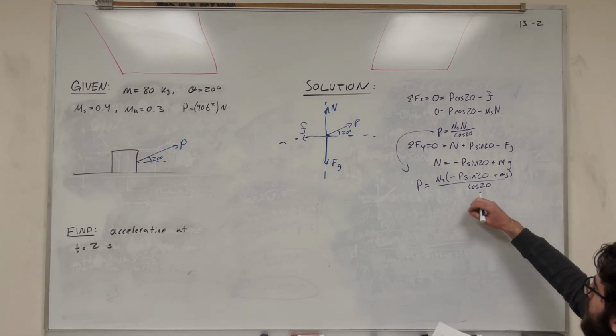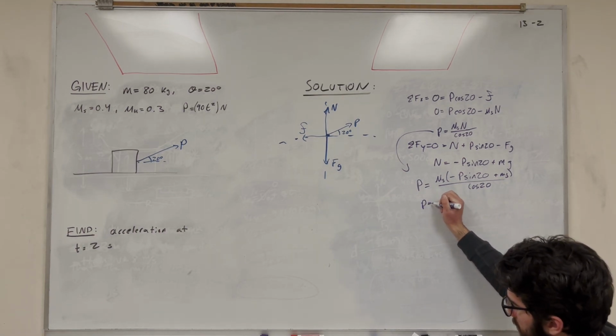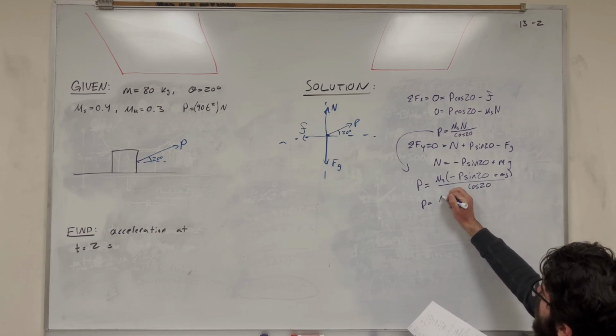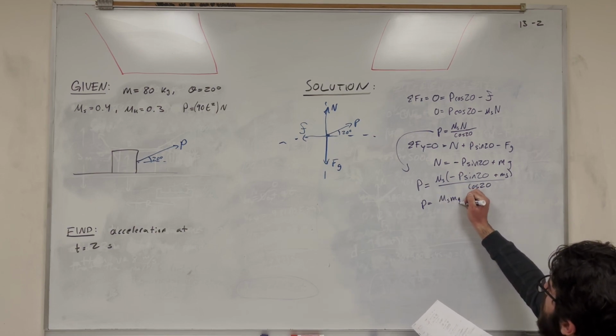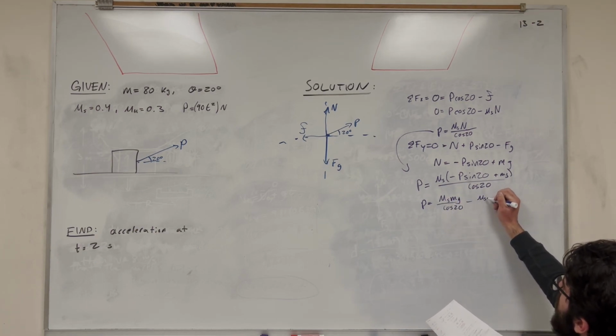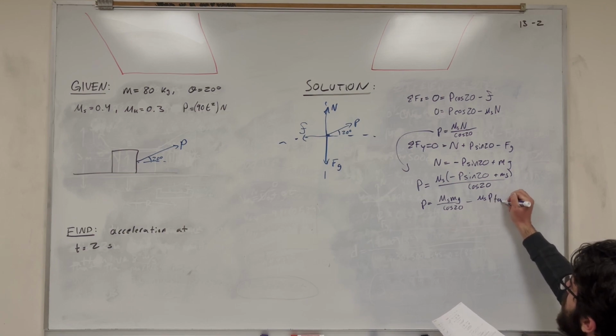And then, of course, we're going to split this up. This is going to become P is equal to, so I'm going to write the other side first, coefficient of static friction times mass times gravity over cosine of 20 minus coefficient of static friction times P tangent of 20, right?